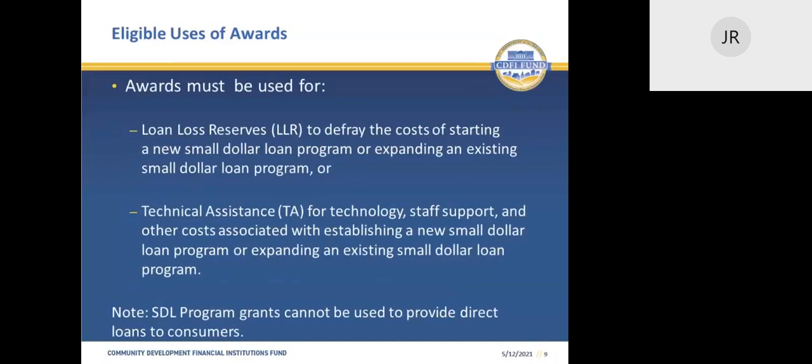So, for example, the award can be used for loan loss reserves. Thank you, Joan. As stated here, to defray the cost of starting a new small dollar loan program or expanding an existing program, or for technical assistance, for technology, staff support, and other costs associated with a small dollar loan program. The award cannot be used to provide direct loans to consumers. Just want to make sure that that's clear.